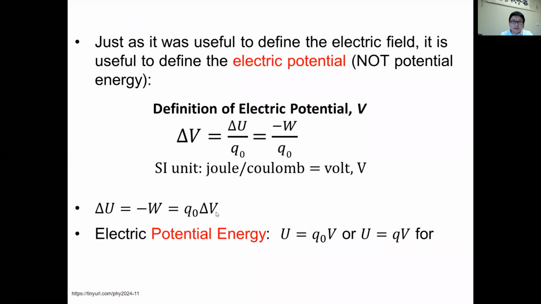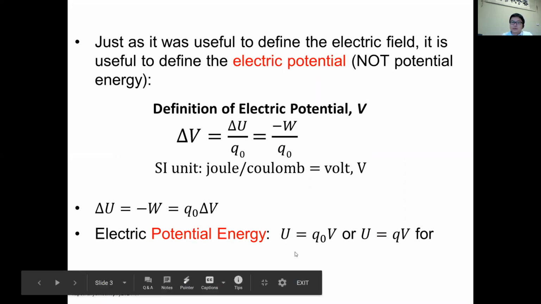We also talked about the electric potential, which is equal to the change in electric potential energy divided by the charge Q. So in that sense, electric potential energy is equal to the charge times the electric potential, or in this expression here.